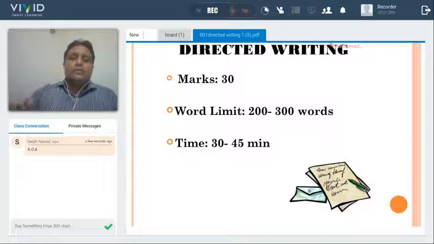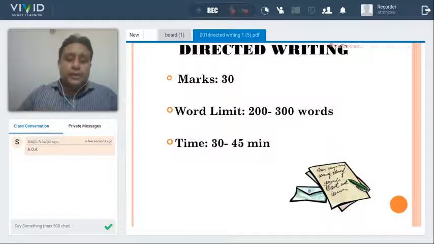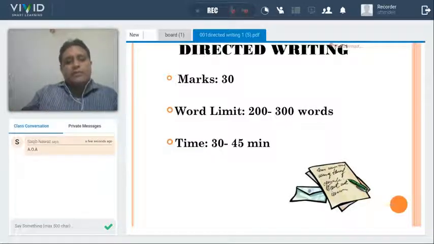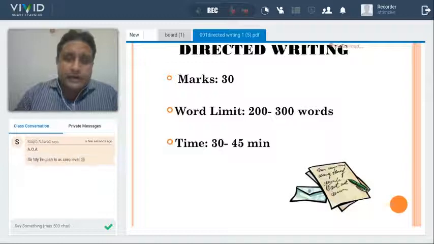Out of the total time duration for paper 1, which is 1 hour and 30 minutes, the time allocation for directed writing will be 30 to 45 minutes approximately. And the rest of the 30 to 45 minutes will be there for your creative writing section.